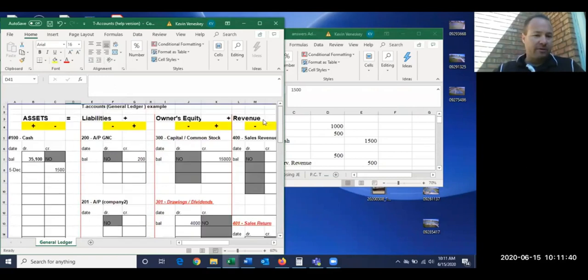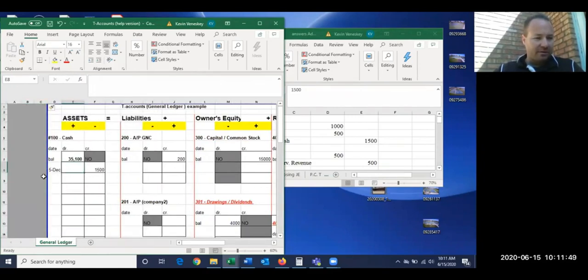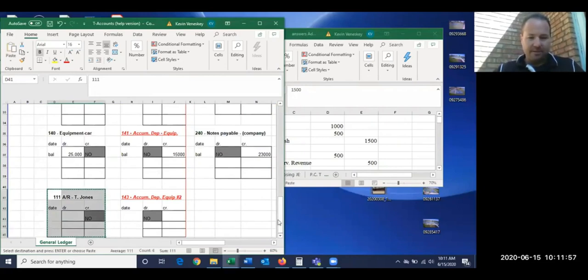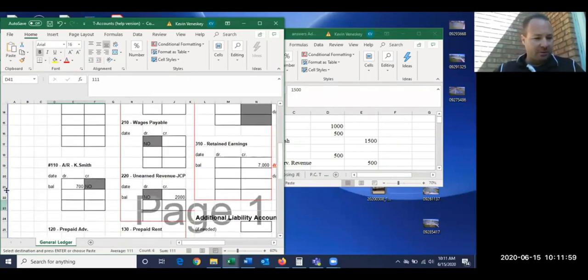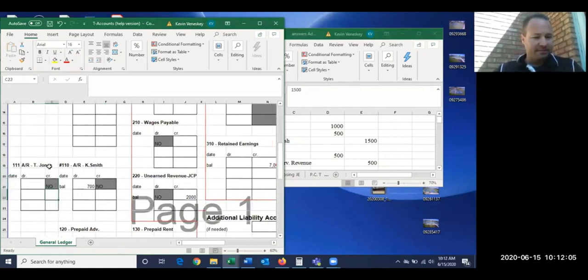And perhaps what we could even do, if it really doesn't make too much sense, is add another little area over here, and I could easily move this one up and put it where it's supposed to go, up here with these, the T. Jones one.